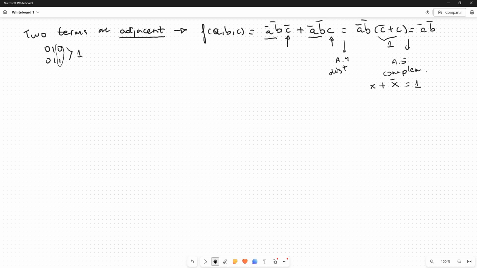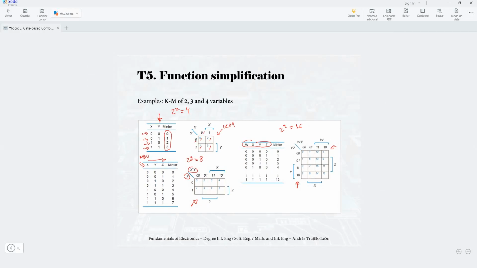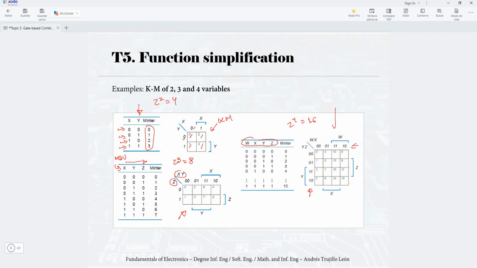So we're going to see what happens with the Karnaugh map. Remember that in the Karnaugh map, the variables are organized in gray code, and its main feature is that between one combination and the following, the distance is always 1. So we are going to see what happens, for example, in this Karnaugh map here.